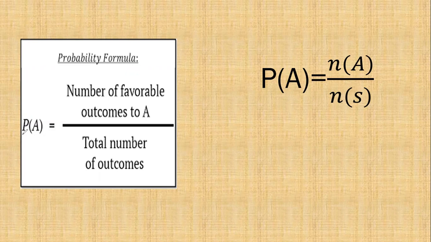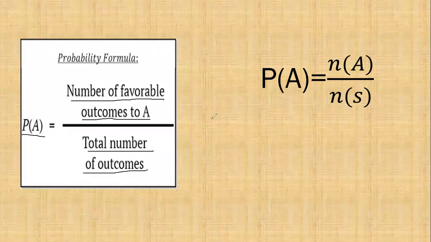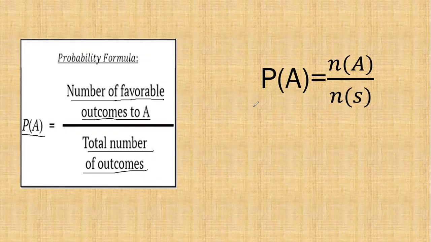That is probability of event A: number of favorable outcomes to A upon total number of outcomes, that is the sample space. That is P of A equals number of A upon number of S. That is the formula we use here. Suppose it is B, what are you going to write?